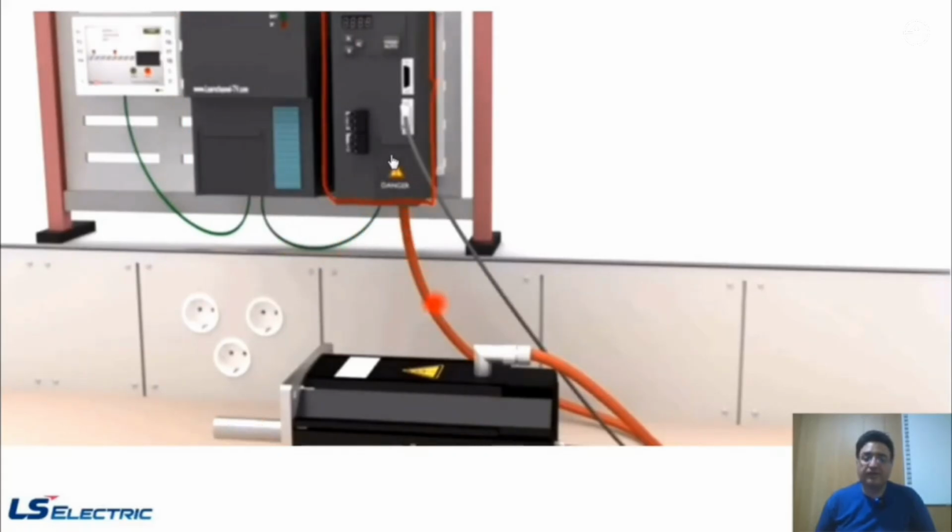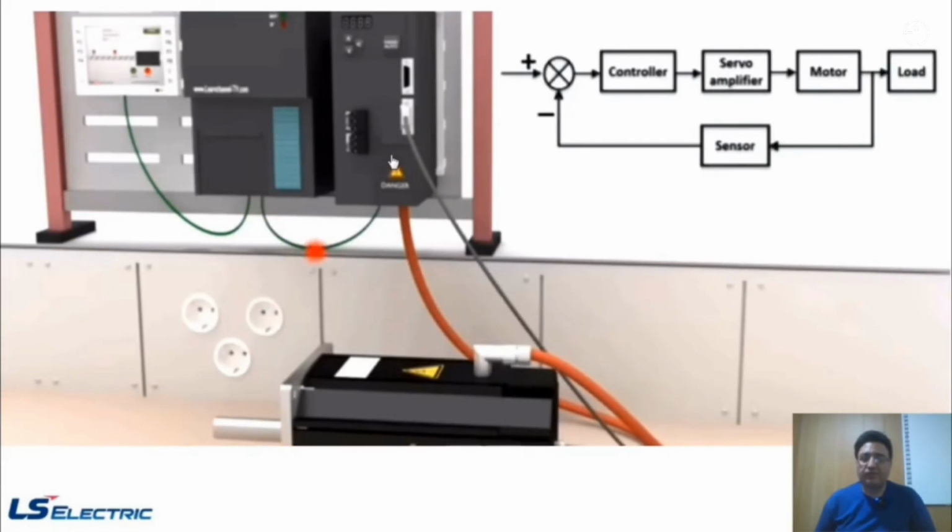The drive then sends the signal to the motor. The motor starts to move, and from the encoder at the end of the motor, we can get feedback. As you can see, the feedback is sent to the drive, and the drive can monitor the motor's movement. Based on the feedback it receives, we can achieve very precise motion. Thank you for your attention.